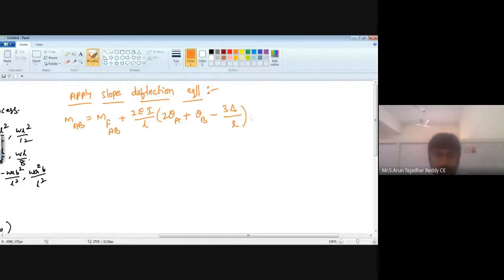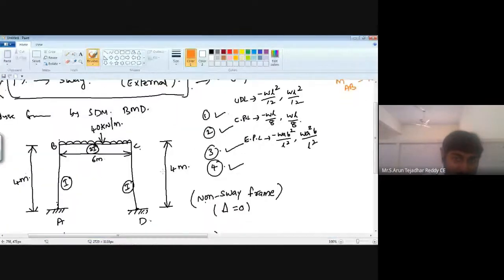Now, we are calculating A to B, so check for support. Here, A is a fixed support, so slope at A is 0. Already you know the conditions in the slope deflection method.